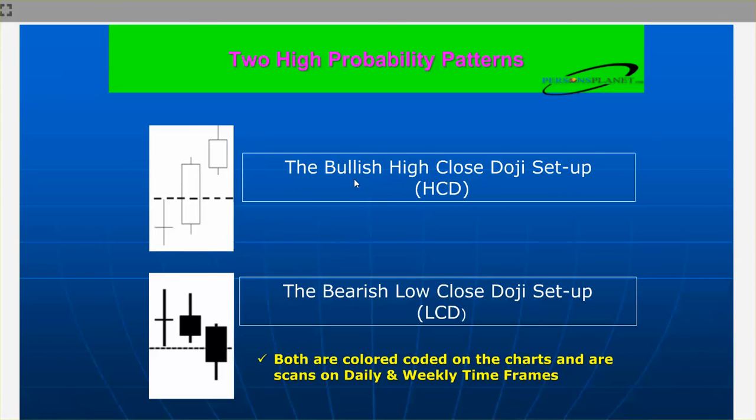Generally speaking, after a downtrend, we would see a doji, which marks indecision, a candlestick pattern that closes at or within a certain percent of the overall range, or right at its open, forming that little cross. If the market within so many bars closes above the high of the doji, we color coordinate that with an orange candle. That gives us an alert that that's not just any old buy signal. That's a high alert buy signal.